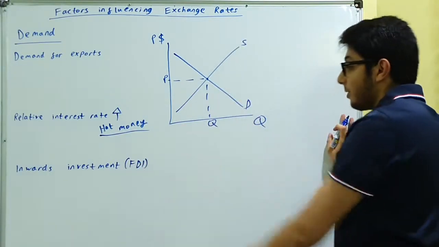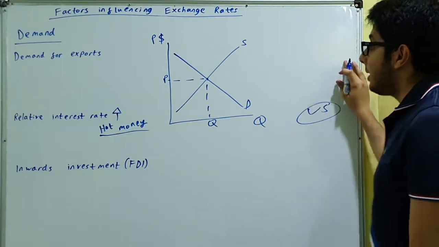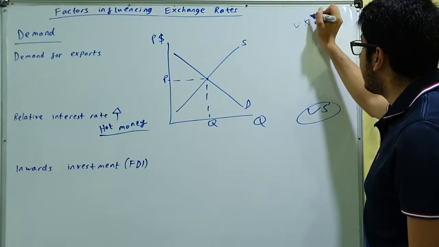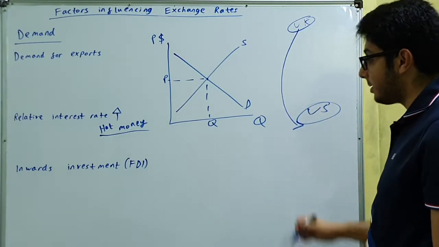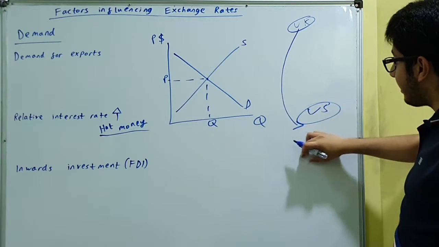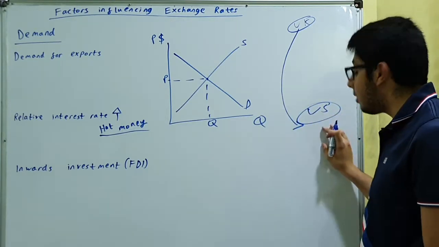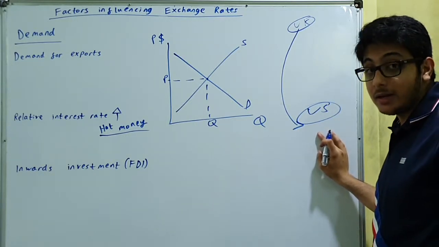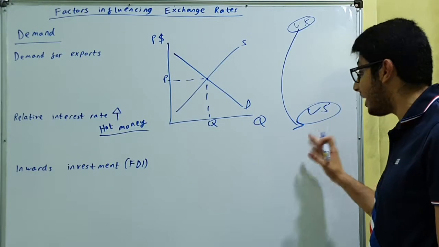Inwards investment, so foreign direct investment. We're still the US. Let's say a UK firm wants to set up operations here in the US. So they're going to need to put inwards capital investment into the US. Now, if they're going to operate in the US, what currency are they going to need? They can't operate in pounds, they can only operate in the currency of that country.